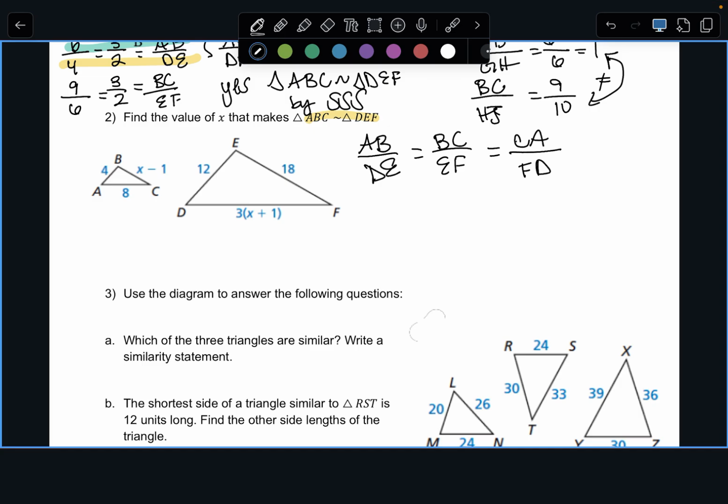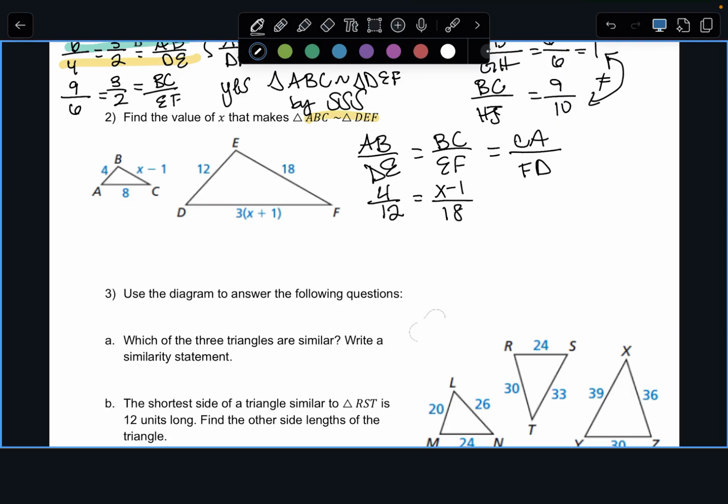So this is what we call from yesterday, or from Wednesday, our statement of proportionality. Let's set up some of these with our variable. So AB over DE is 4 over 12. And that has to be equal to BC is x minus 1, and EF is 18. So x minus 1 over 18.